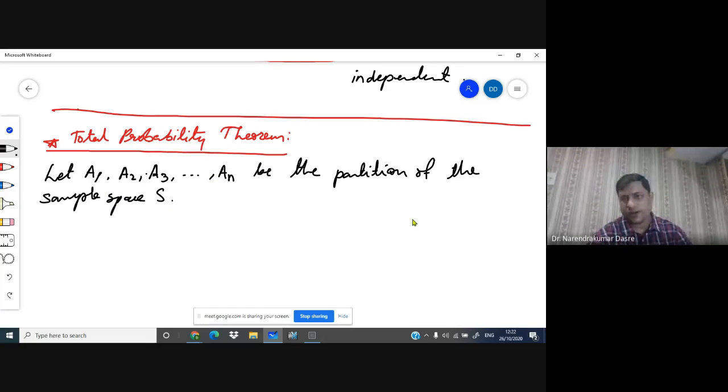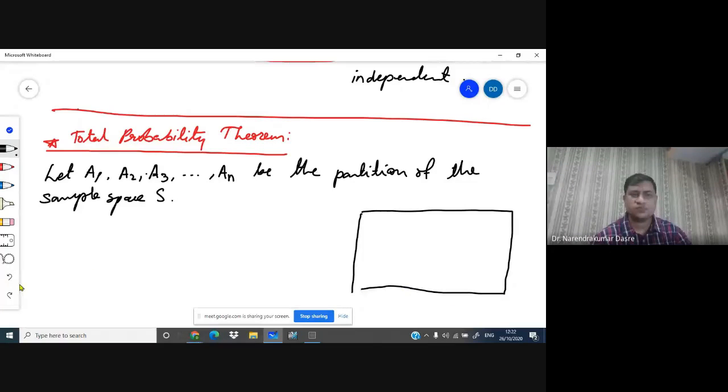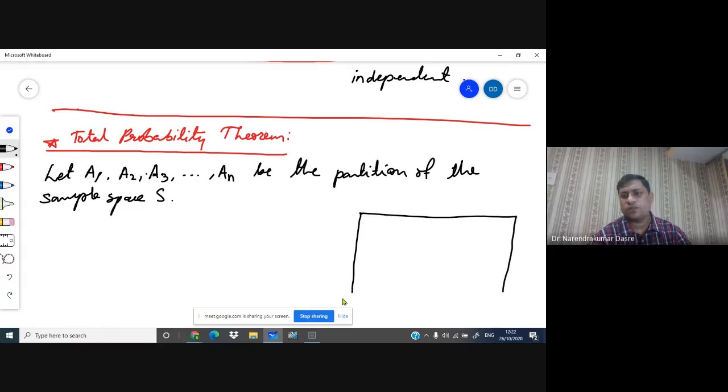So what we have here is the sample space. This is our sample space S. Now I have this partition.